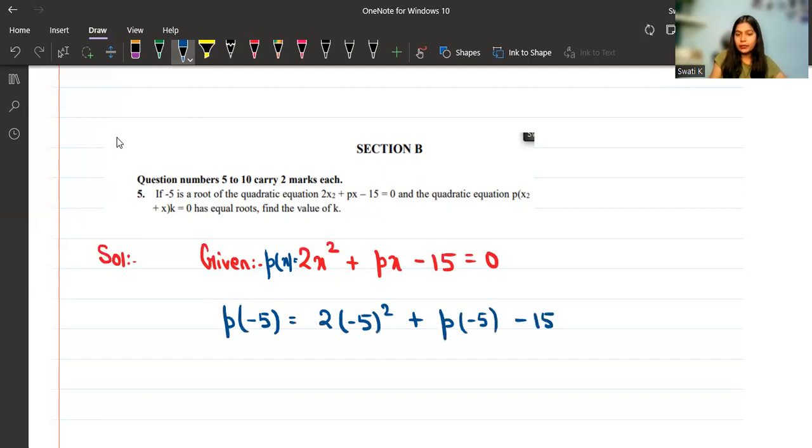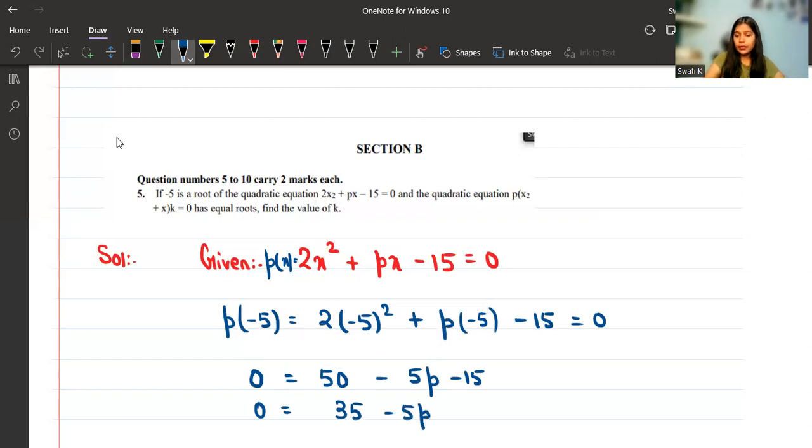This will become minus 5 squared, which is 25. 25 into 2 is 50. Of course, minus minus is plus. Now this will become plus minus 5p, and this is minus 15. Now we can write 0 equals 50 minus 15, which is of course 35, and minus 5p.